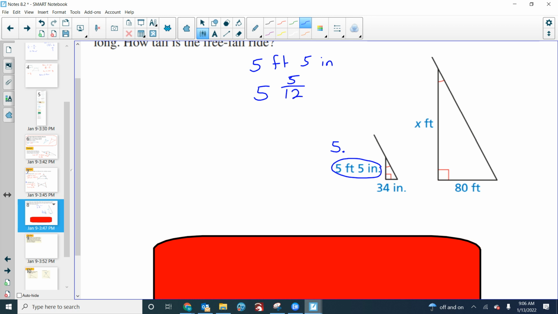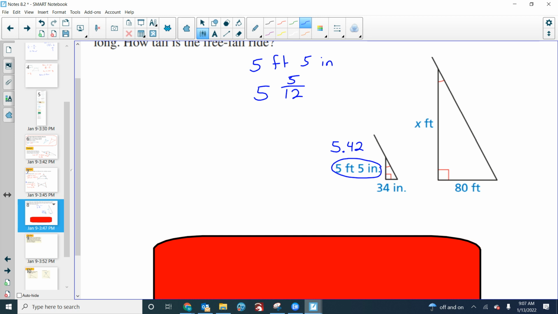What's 5/12 as a decimal? 0.42. Well, it's 0.416. Okay, we'll call it 0.42. That's fine. Take the inches part and divide by 12 to get the fraction of a foot, the decimal expression for that.